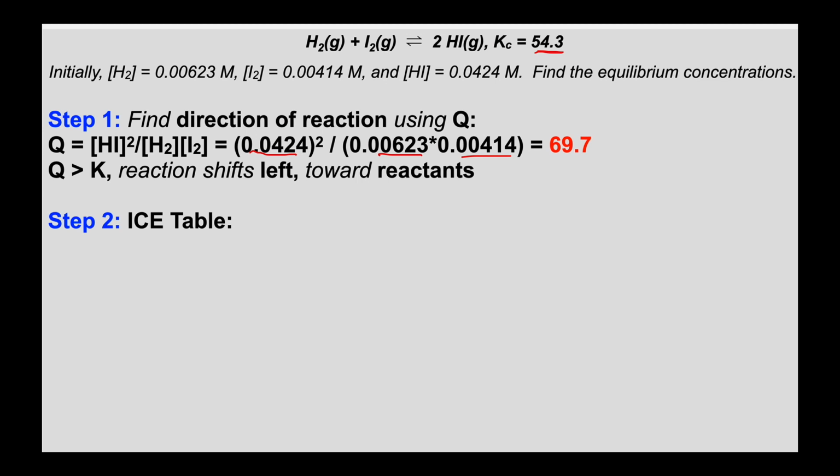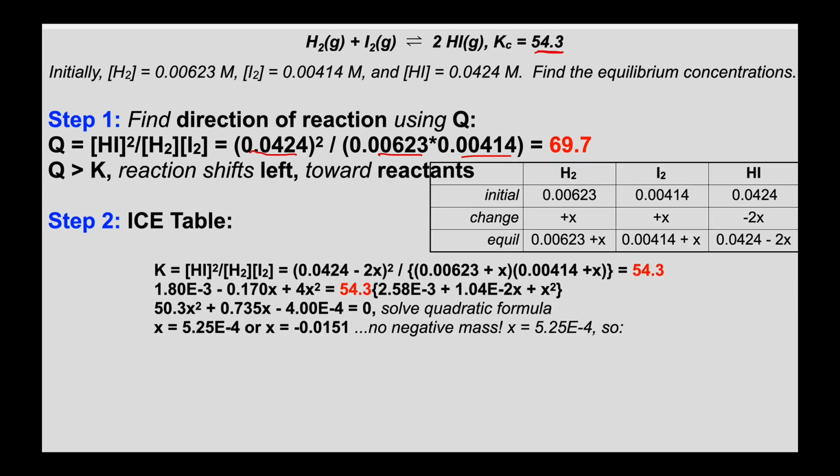So the second step is we can now set up the ICE table. ICE table, initial, change, equilibrium, just as before. Here are the initial amounts of H2, I2, and HI. Why we needed the Q value is because you can see in change right now, it says plus X, minus 2X.